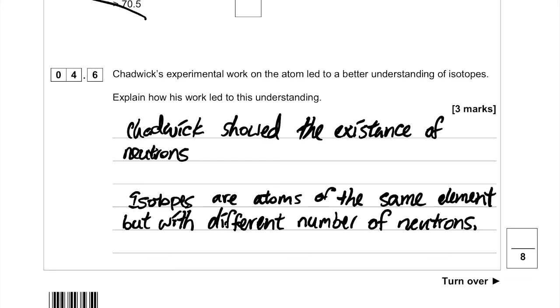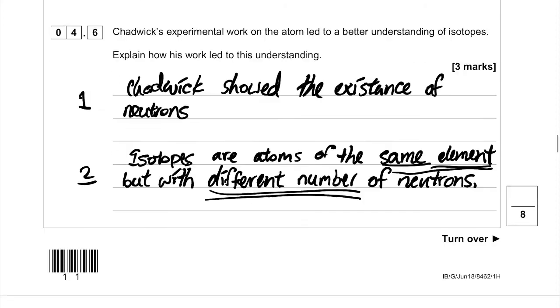There are marks allocated here. Basically what you want to say is: atoms of the same element is 1 mark, different number of neutrons is the 2nd mark. Again, it's bookwork, you remember this, standard things, it's mostly just definition.